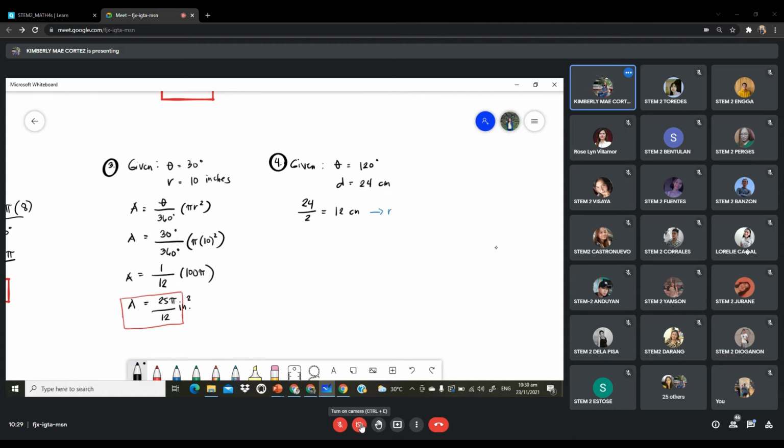So we proceed to the formula A equals theta over 360 times pi r squared.